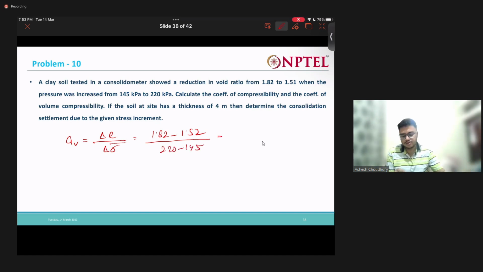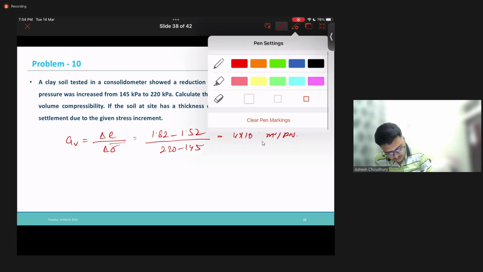Let us find out: 1.82 minus 1.51 by 220 minus 145, which is 4 into 10 to the power minus 3 meter square per kilonewton. Put 51, it is 51.